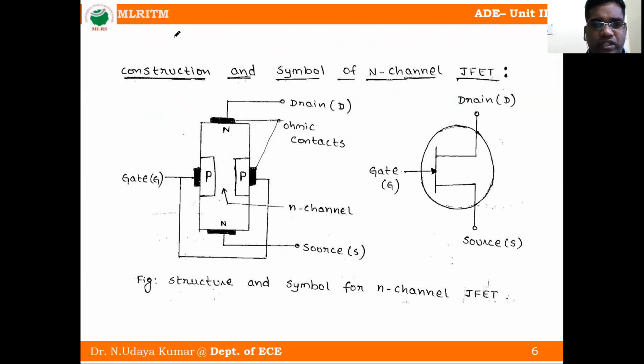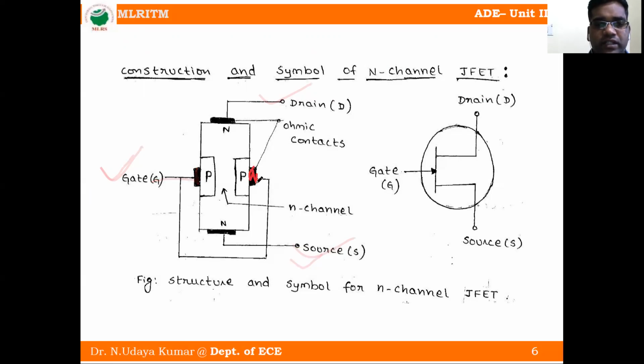These three terminals are namely gate, source, and drain. You can observe that the gate terminals are of the same material. This black dot is the gate terminal.